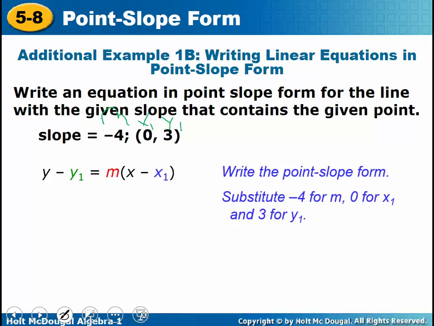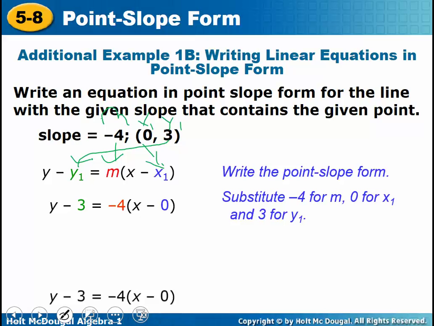And then we substitute -4 for m, so this is going to go right here. We put 0 in for x sub 1, and we put 3 in here. And then we have y minus 3 equals -4 times x minus 0. You can leave it like that if you want, or x minus 0, you could just write that as x. But that's fine. It's point-slope form, so either way is fine.